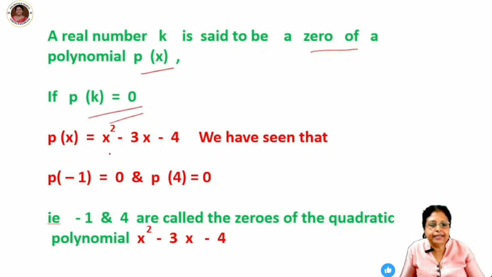Let us consider one quadratic polynomial p of x equal to x square minus 3x minus 4. We have seen that p of minus 1 equal to 0 and p of 4 equal to 0 in part 1 class. That means negative 1 and 4 are called the zeros of this quadratic polynomial.